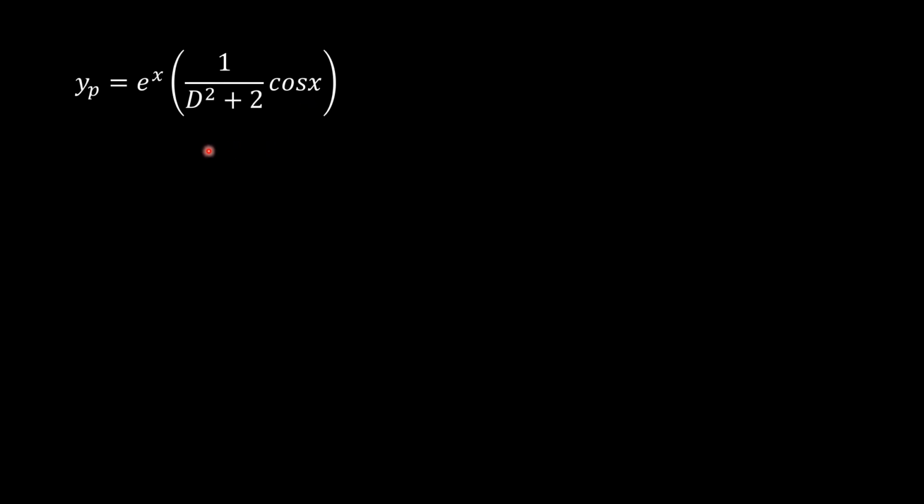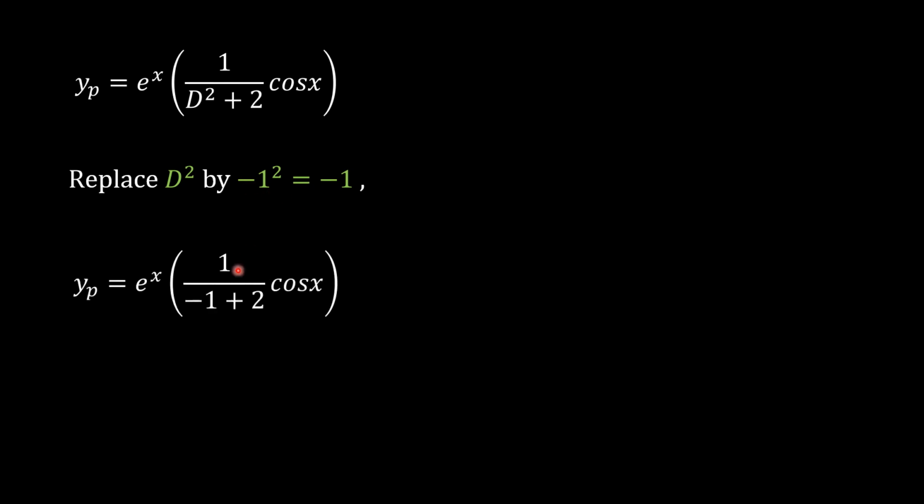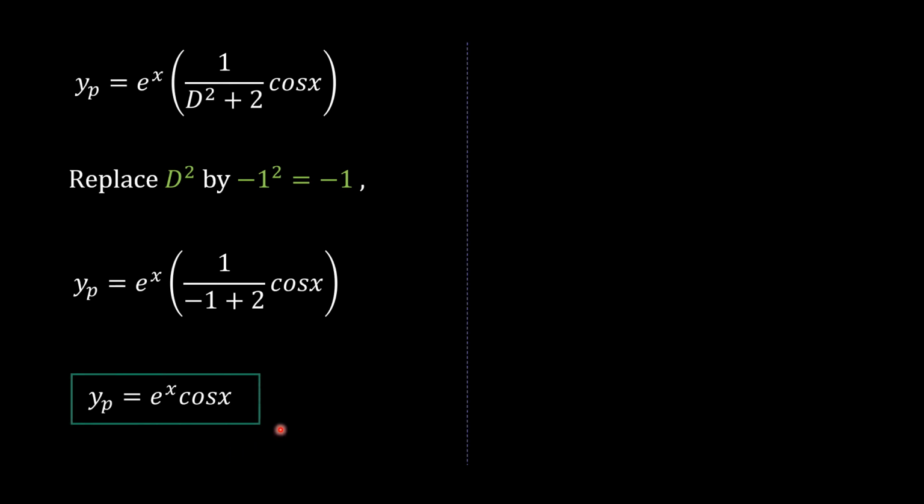Here it is 1, so we'll replace D square by minus 1 square, which is equal to minus 1. Therefore this yp will become e raised to x into 1 upon, we replaced D square by minus 1, plus 2 cos x. Simplifying it, we will get yp as e raised to x into cos x, which is our required particular integral.